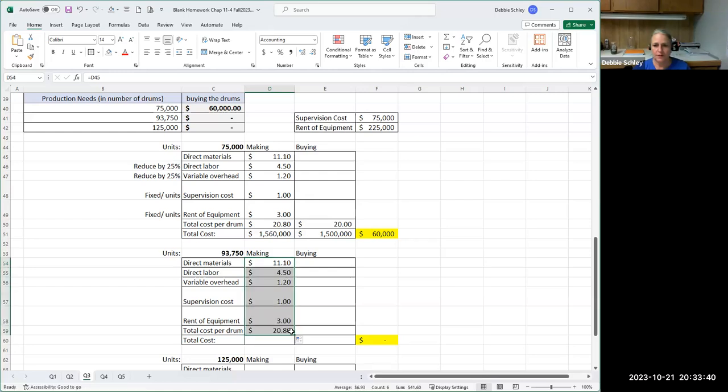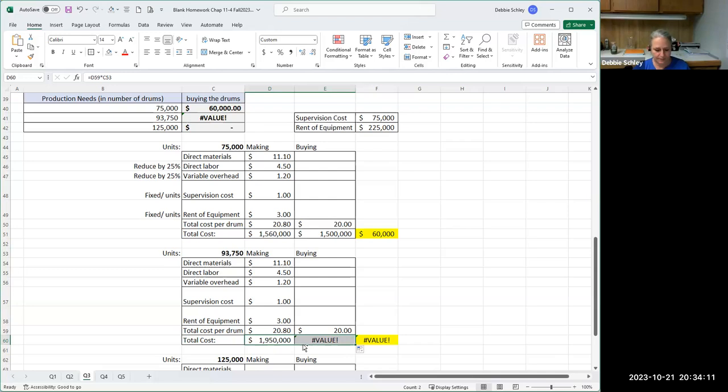Oops, not that far. For making, buying is still that $20, but now I'm looking at 93,750. And so that's going to be $20.80 times 93,750. And I'm going to drag that over.